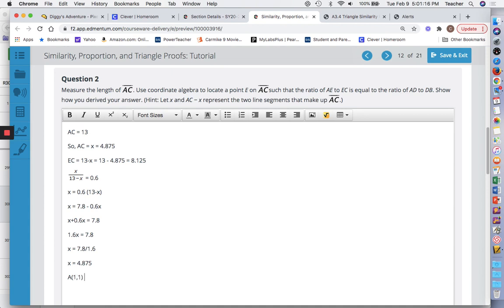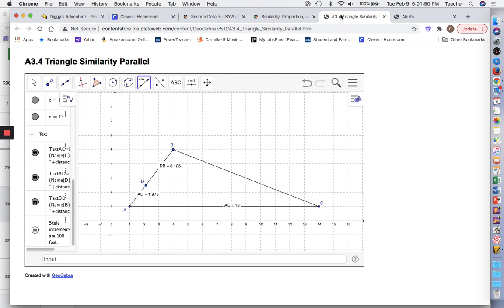All right, so if I say that 1 plus 4.875, then I get the coordinate 5.875, 1. So there's my E, right? Locate E, yeah. So that's my E. Hot darn. Man, they don't make that easy. So my E is going to be basically at 5.875, right about there.